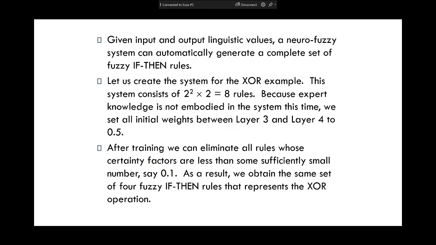Given our input and output linguistic values, a neuro-fuzzy system can automatically generate a complete set of fuzzy if-then rules. So the neuro-fuzzy system is actually doing learning so that it can generate a complete set of fuzzy if-then rules. Let us create the system for the XOR example.